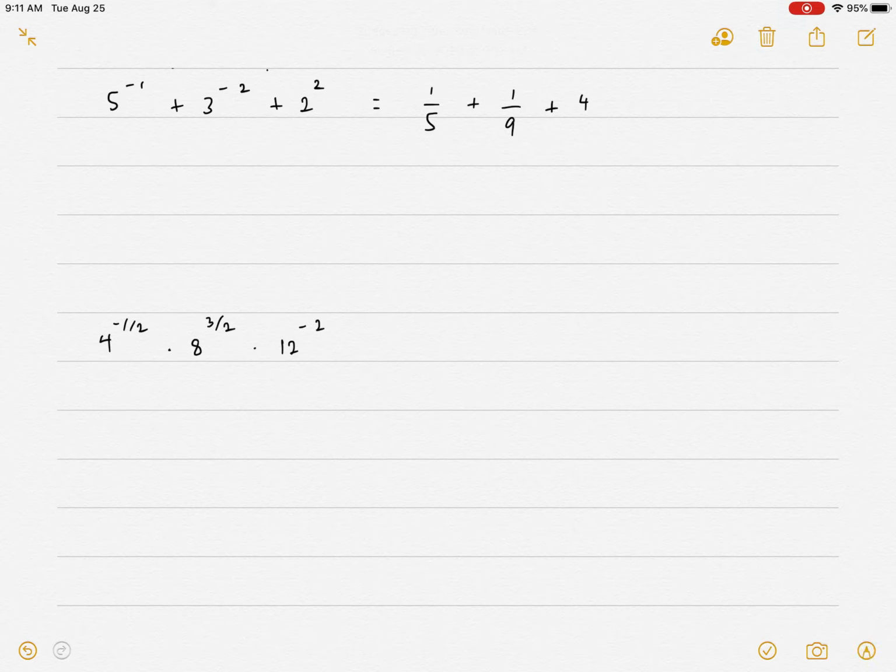What I'll do now is I'll get a least common denominator and I'll add these fractions together. So between a 5, a 9, and a 1, my least common denominator will be 45.